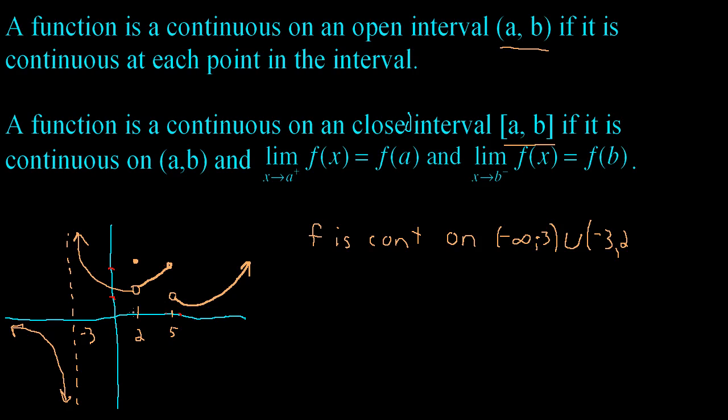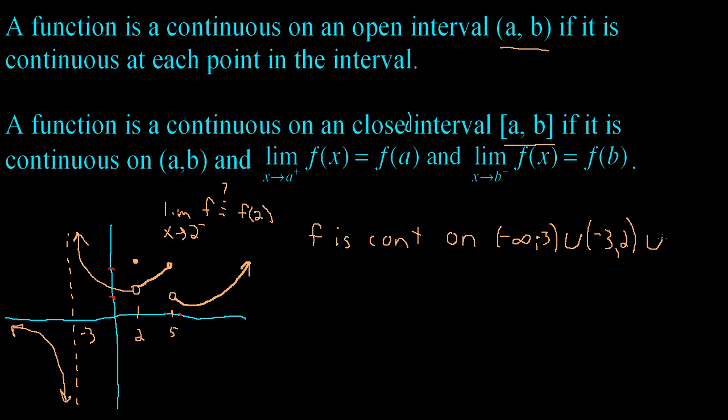So ask yourself, does the limit as x approaches 2 from the left of f equal f of 2? The answer is no, it doesn't. 2 gets mapped up here, wherever that is. It certainly isn't down here. So we are not continuous at this point.